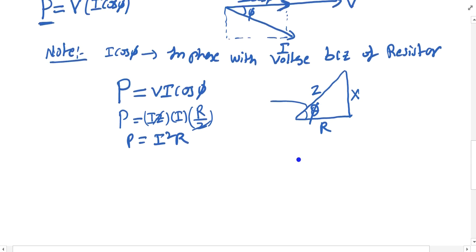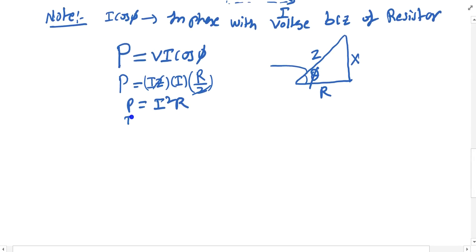So what is meant by this? Whatever the true power or actual power which is produced here is because of this resistance.